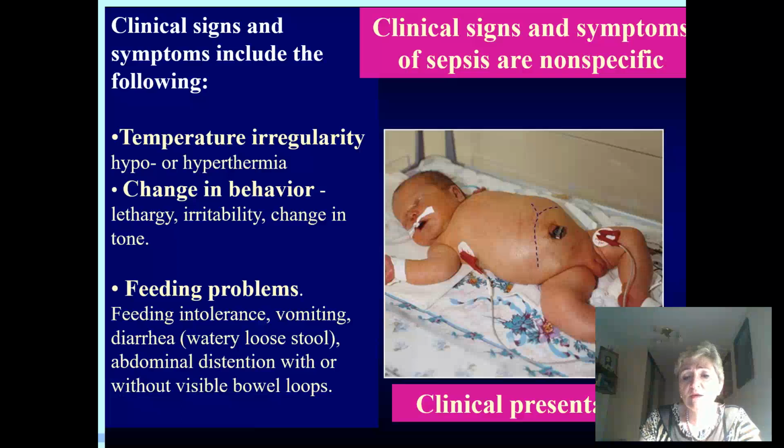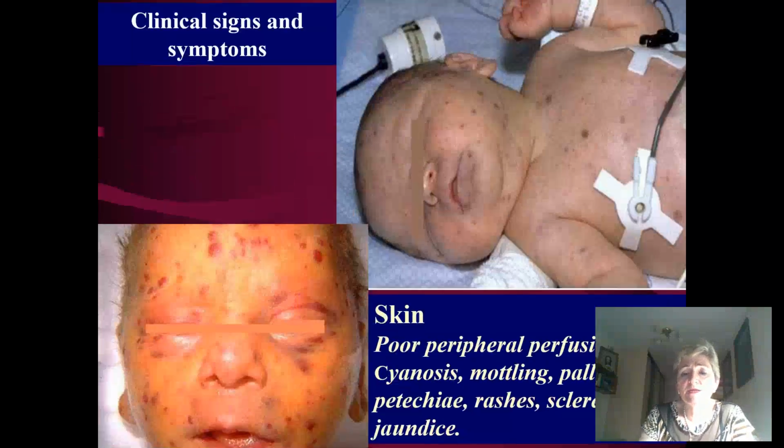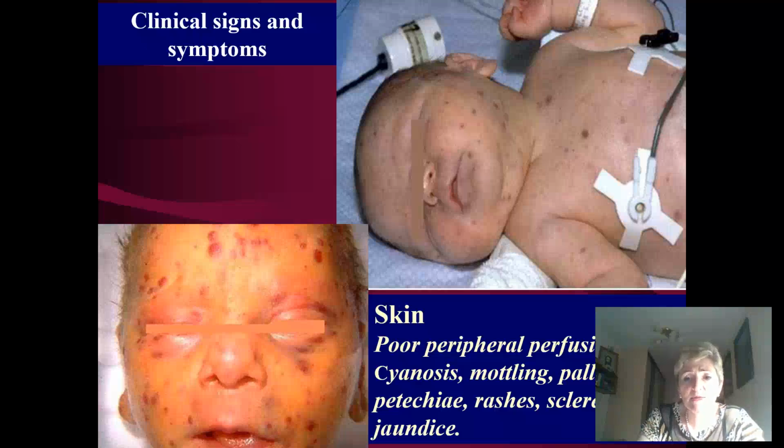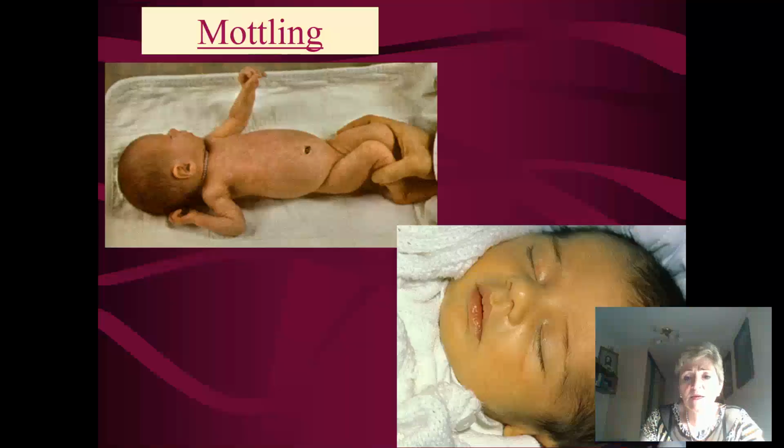You can see in our patient a distended abdomen and enlargement of the liver. Disorder of skin: we can see jaundice, sometimes rash, petechiae, mottling, cyanosis. A patient with jaundice, specific signs of mottling.